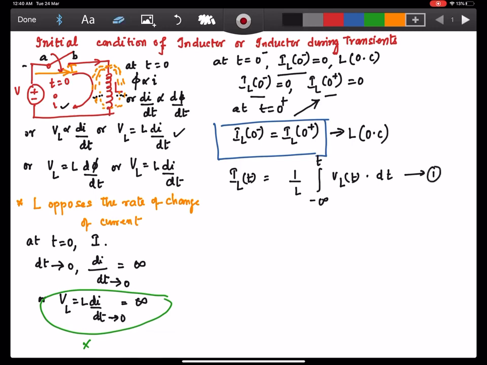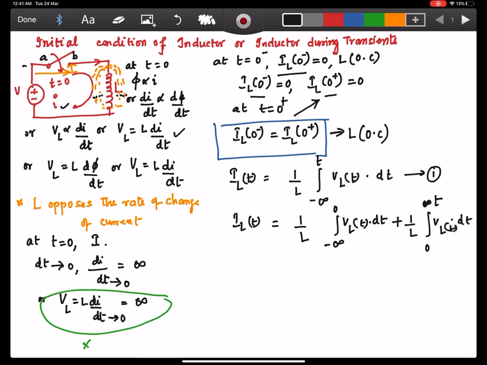We can write the same equation as IL(t) is equal to 1 by L integral from minus infinity to 0 of VL(t) dt plus 1 by L integral from 0 to t of VL(t) dt. This is equation number 2.